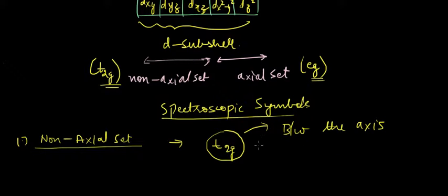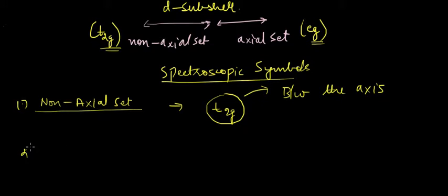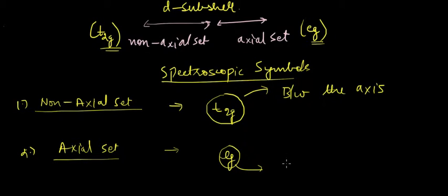And second we have the axial set, which are also called EG, and they are along the axis.